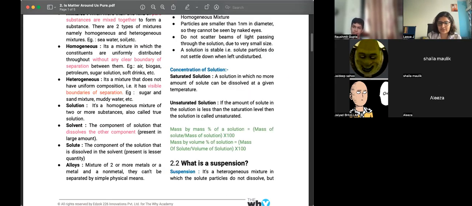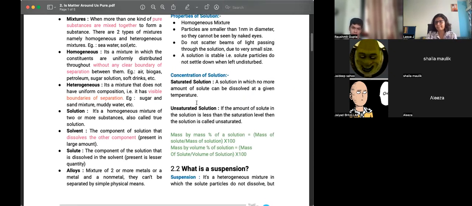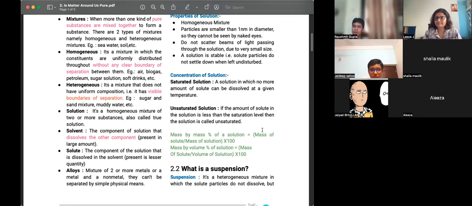Concentration of the solution is this. Saturated and unsaturated solution. Have you come across these terms before? Saturated, unsaturated, not in chemistry, but in any other context? Ever heard of it? No?